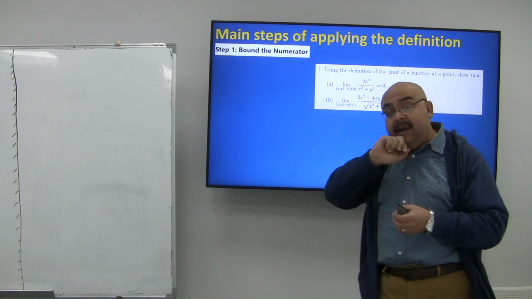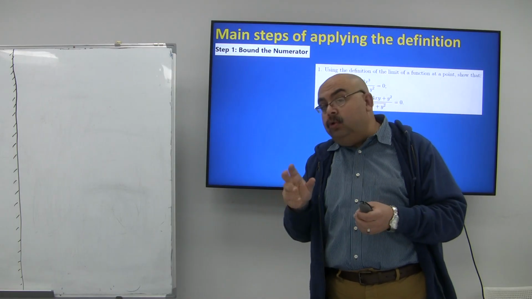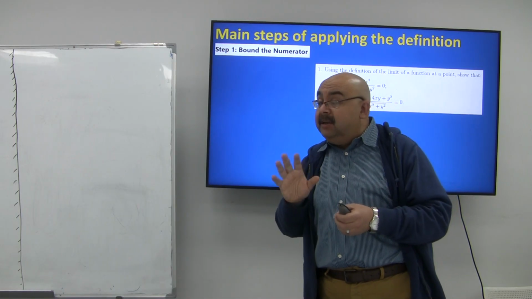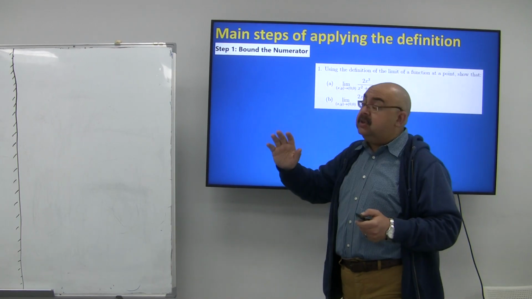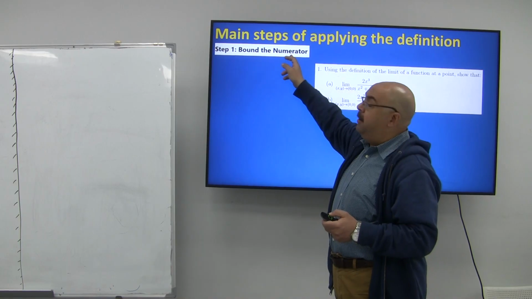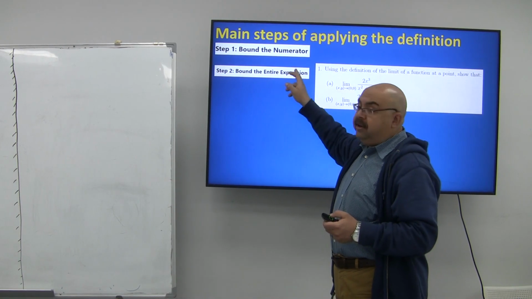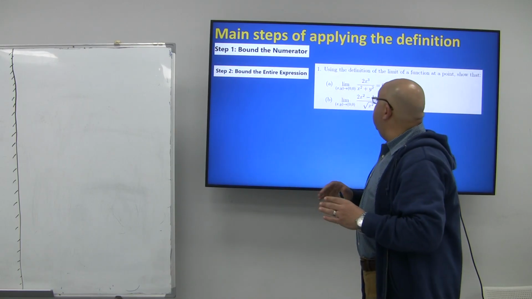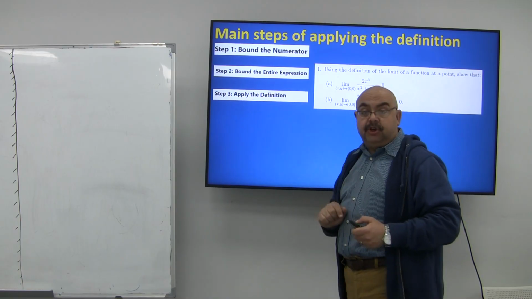I will show you one example in the coming set of how to bound the denominator or manipulate this point. So step one, bound the denominator. Step two, bound the entire expression, so I will need an upper bound for this expression. Step three, apply the definition.